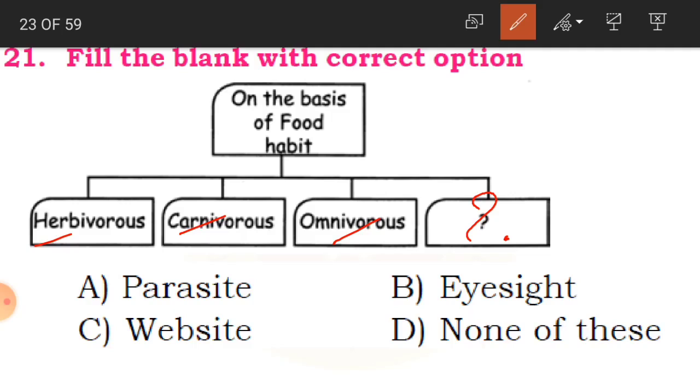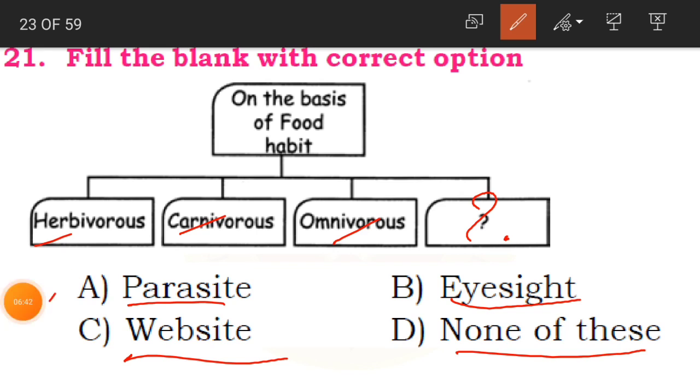Whether it is parasite, A option; eyesight, B option; website, C option; or D option, none of these. Is eyesight an animal? Is website an animal? And D, none of these. And A option, parasite. Yes, parasite is the correct answer here.